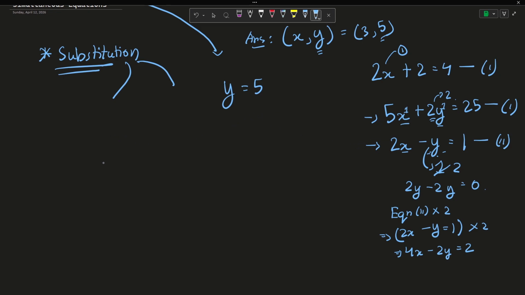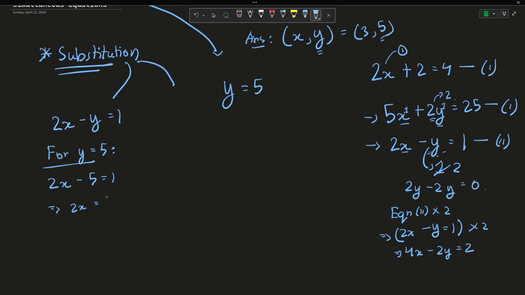For simplicity, I'm going to go with equation 2, that is 2x minus y is equal to 1. So if I substitute y is equal to 5, 2x minus 5 is equal to 1.